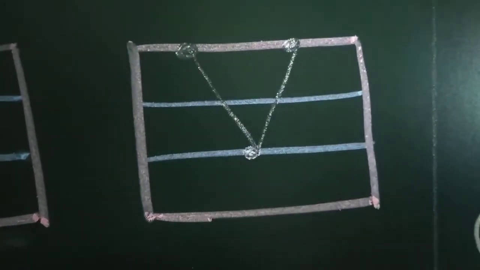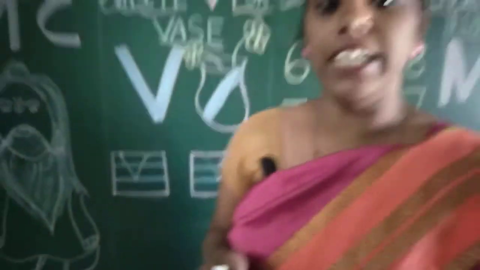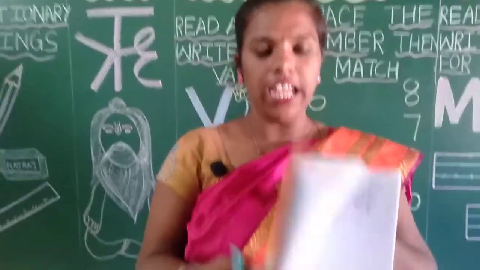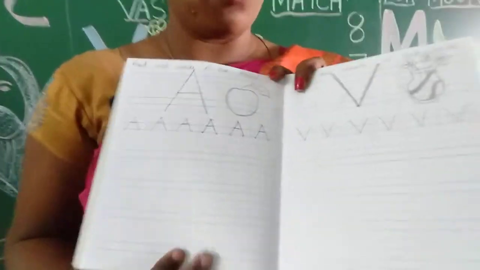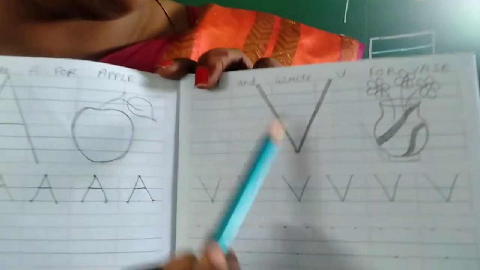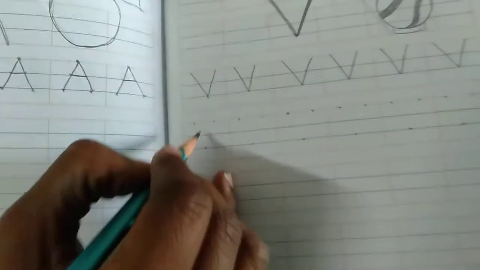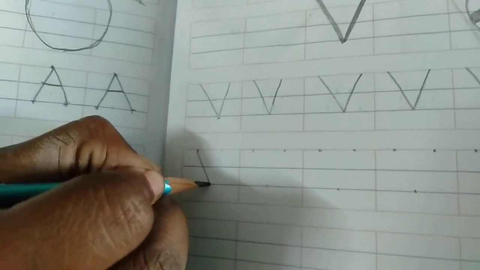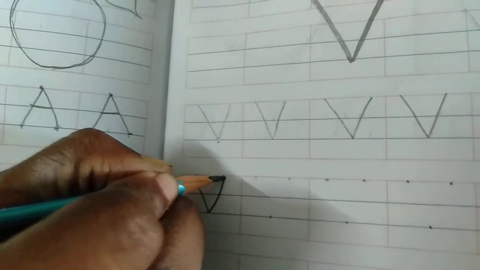Okay, now we will see how to write in our notebook. Open your English new format notebook. Okay, here tell Mama to make it like this format. In this notebook, tell Mama to give the dots and how you will write. See, red to blue slanting line, again blue to red slanting line.